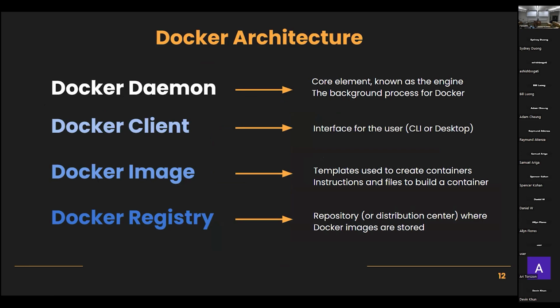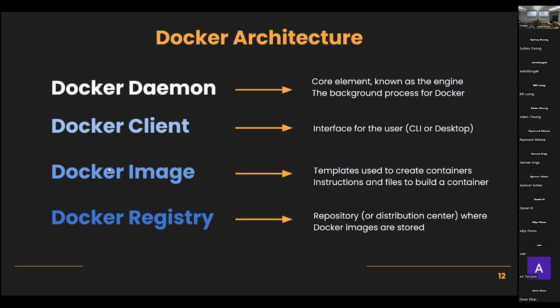It handles all the containers, and you can delete them and so on. Then there's the Docker client, that interface I was talking about earlier. You have the command line or the desktop versions, and that's where you get to mess around with things like deleting containers.